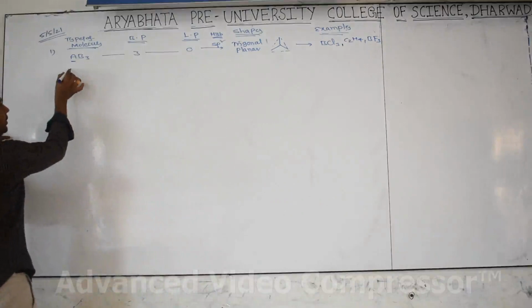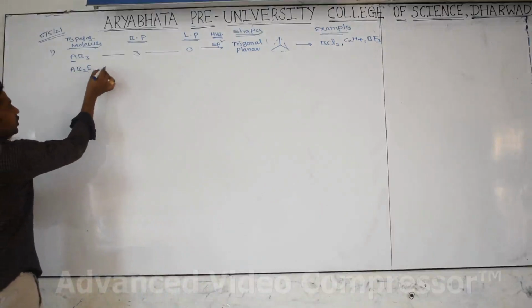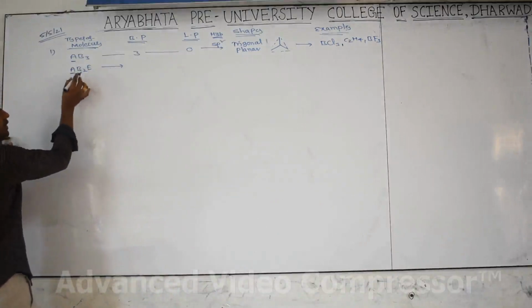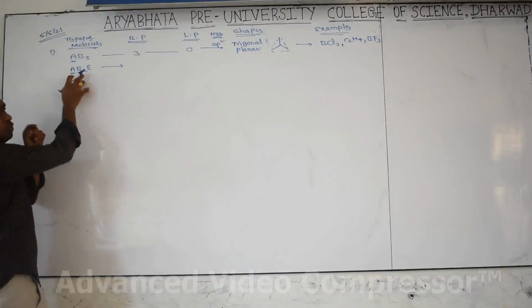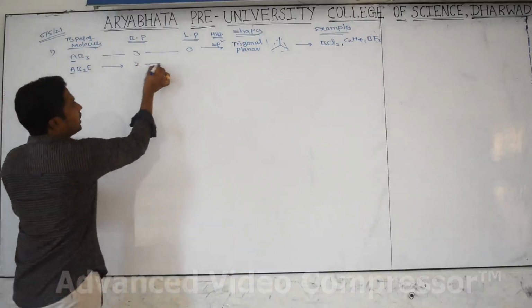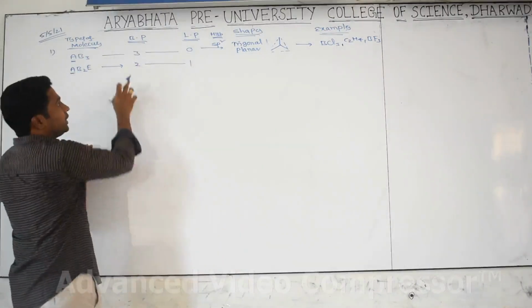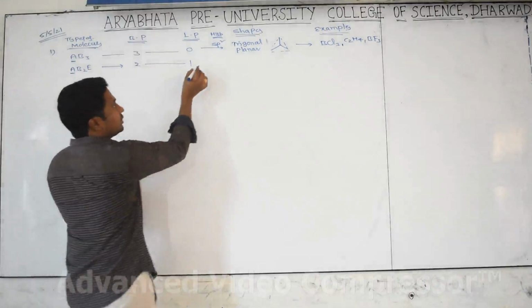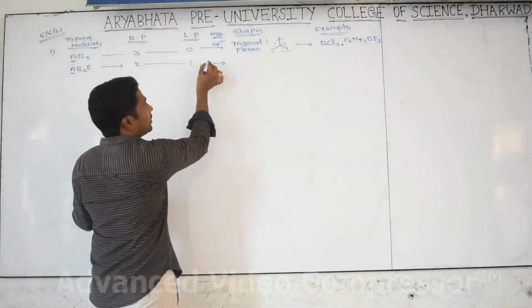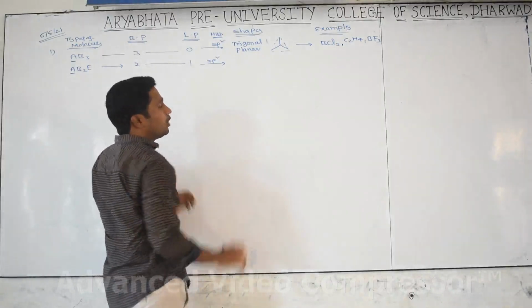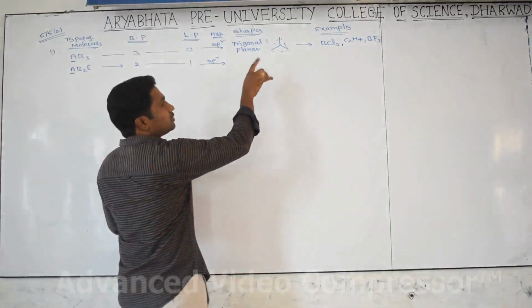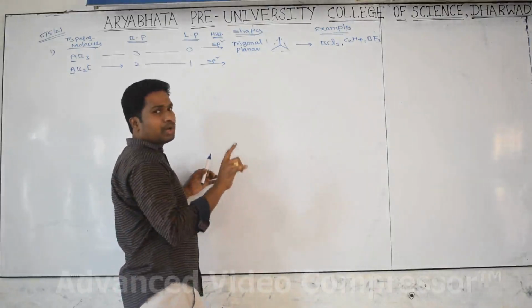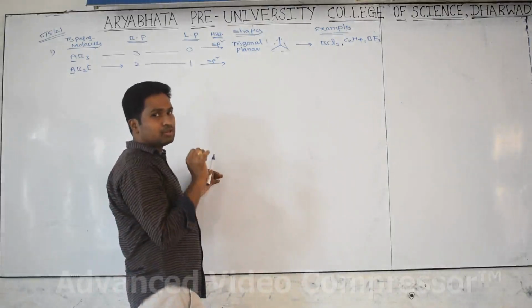Now under AB3, there is AB2E. What is the meaning of this? A is the central atom, around it we have two bonds, two bond pairs, and E means lone pair. Two bond pairs and one lone pair. Anyway, together three hybrid orbitals, that's why we want sp2 hybridization only. Now how will the shape change? Out of the three bonds in trigonal planar, one bond has to be cut.